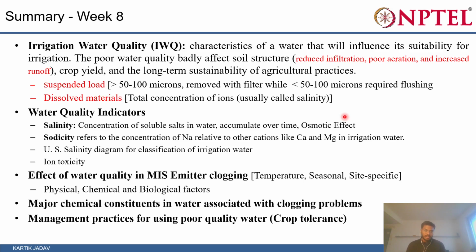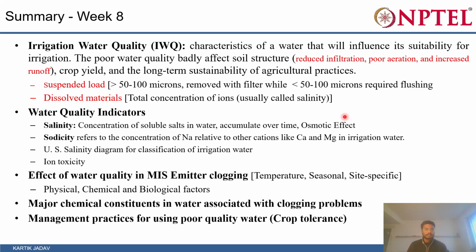Then we have sodicity. Sodicity refers to the concentration of sodium relative to the other cations like calcium and magnesium in irrigation water. Generally, the US salinity diagram is used for classification of irrigation water in this kind of situation.